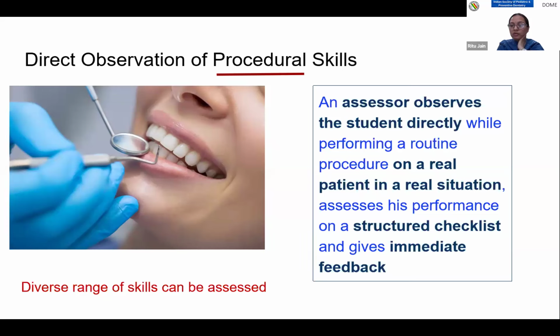Again, as I already pointed out, like many other workplace-based assessment tools, DOPS can help in assessing a diverse range of skills, right from clinical examination skills to procedural skills, patient education skills, time management, and organizational skills. A multitude of skills can be assessed using direct observation of procedural skills.